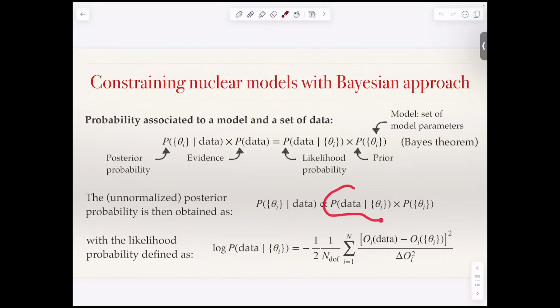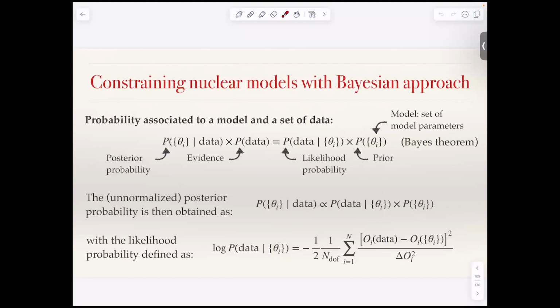And for this likelihood probability, you may employ a way to compare the data with the model. For instance, it is given by this expression for the log of the probability, which is very close to what people employ as a chi-square.